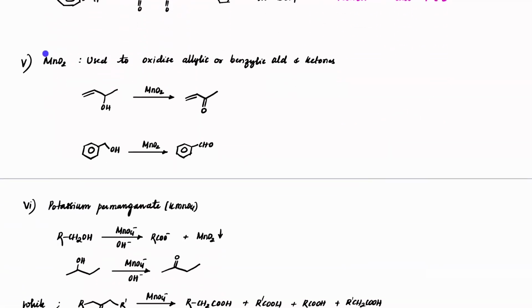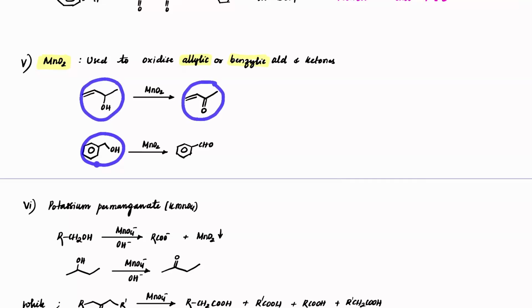Next one, you notice MnO2, another very important reagent. This MnO2 operates only for allylic and benzylic positions. So if you have an allylic alcohol or a benzylic alcohol, only those two positions will get oxidized. Like here, this is an allylic alcohol, converts into ketone.